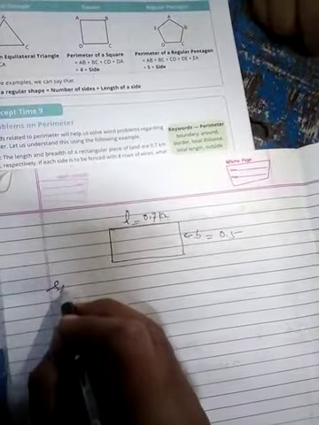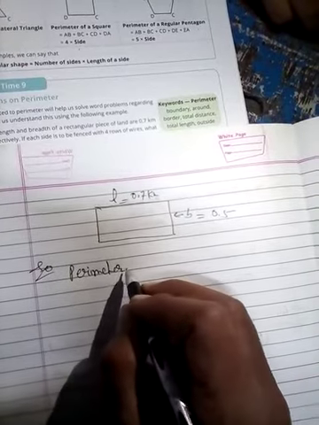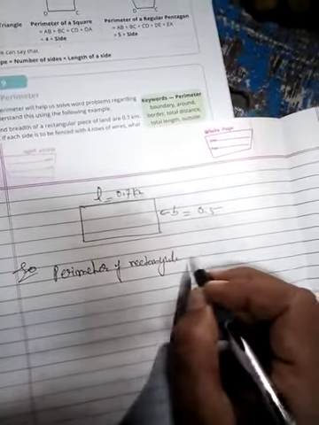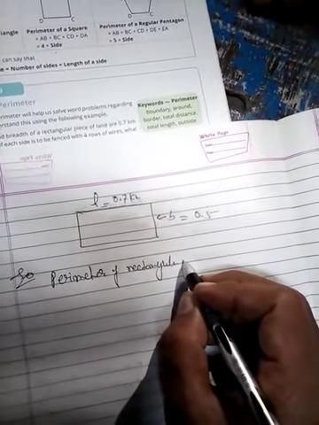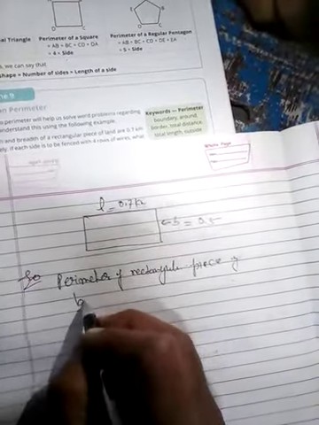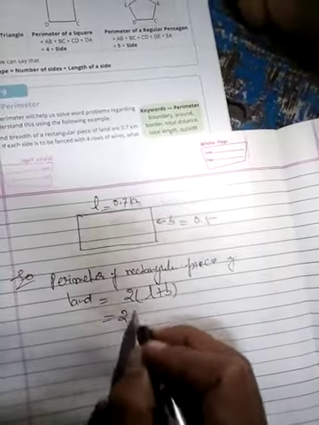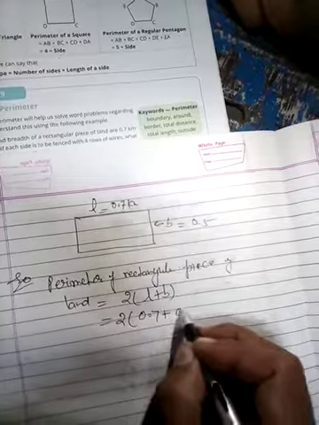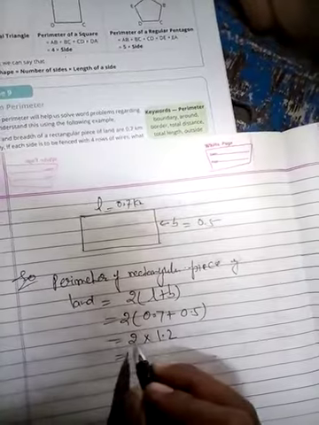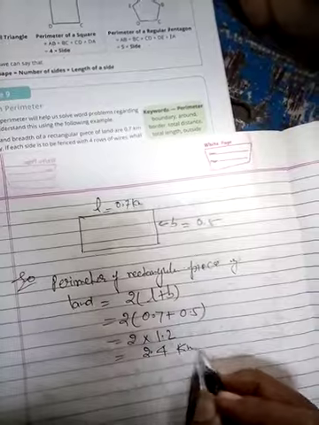So the perimeter of the rectangular piece of land will be 2 times length plus breadth. It is the formula. So 0.7 plus 0.5, when we add, we get 1.2. When we multiply by 2, we get 2.4 kilometer in 1 round.